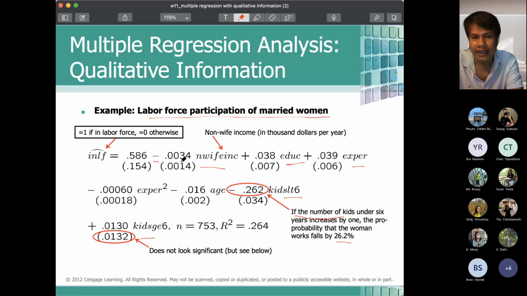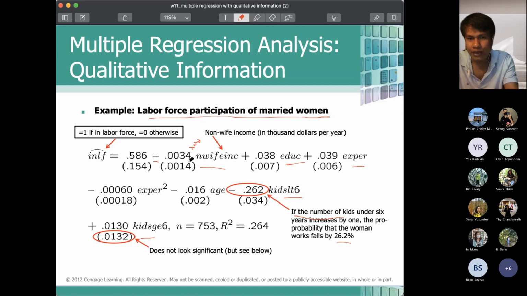If the household non-wife income increased by 1 unit, then if that unit is in thousands, you say if non-wife income increased by 1,000, or if it is not in thousands, if non-wife income increased by $1, the probability of a married woman to join the labor force falls by 0.34%. Why? We just multiply by 100 to get percentage. Or you might say the probability decreased by 0.0034 if you don't say percent.